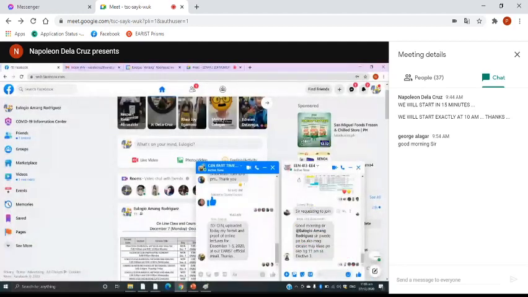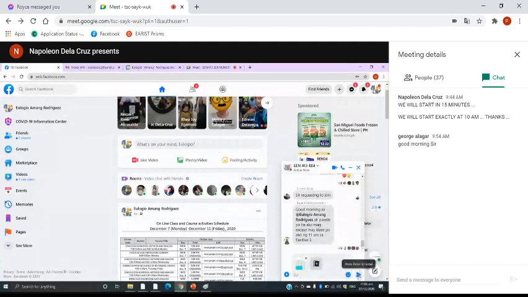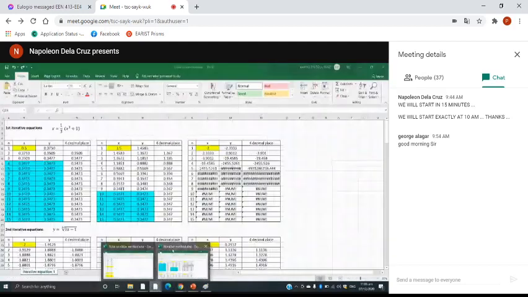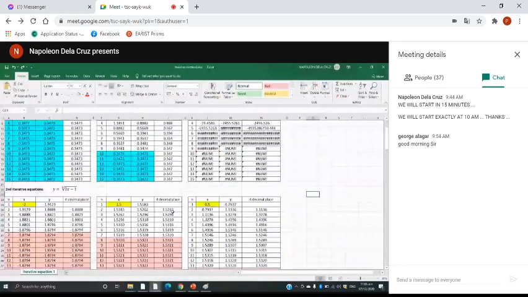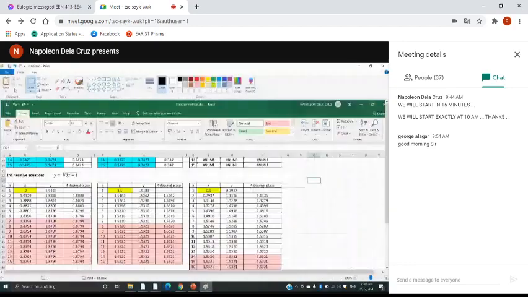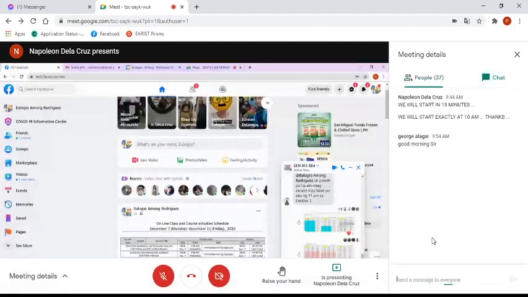Saan ba siya? Wait lang, ha? Paste. Bali, yung ipapasa niyo lang, sir, yung parang screenshot. Yes, yes. Ito, yung nakikita niyo naman ginagawa ko.